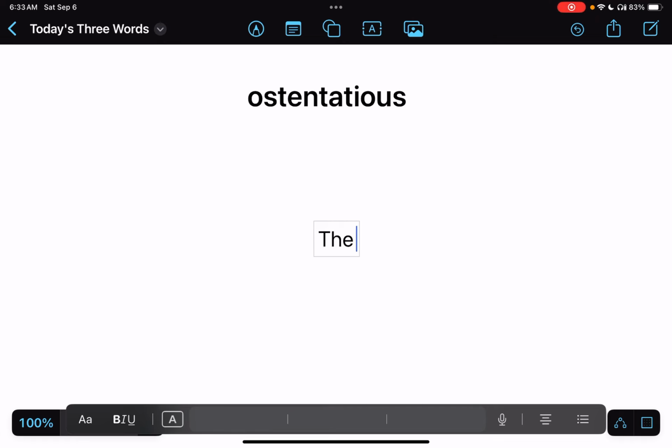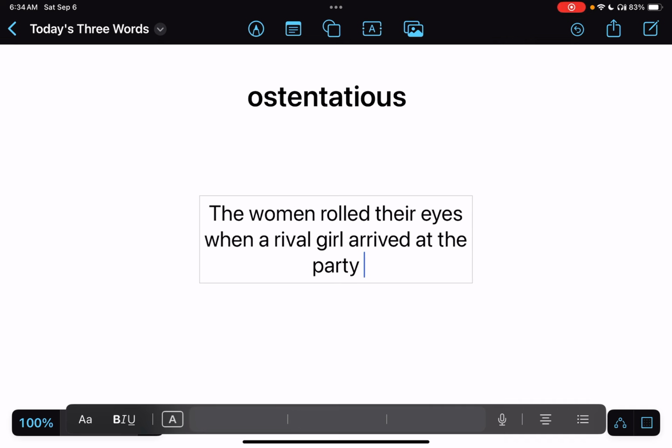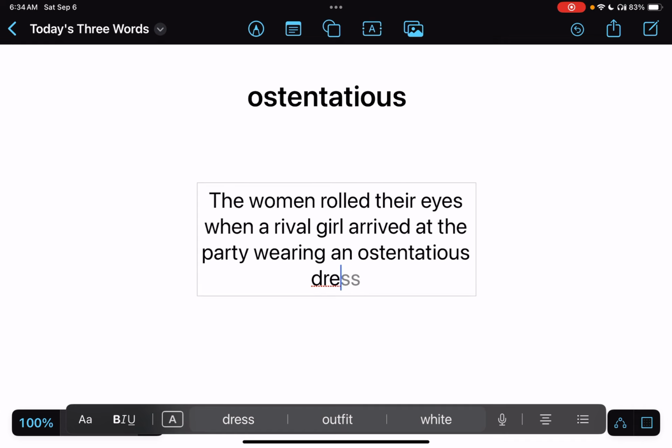The women rolled their eyes when a rival girl arrived at the party wearing an ostentatious dress.